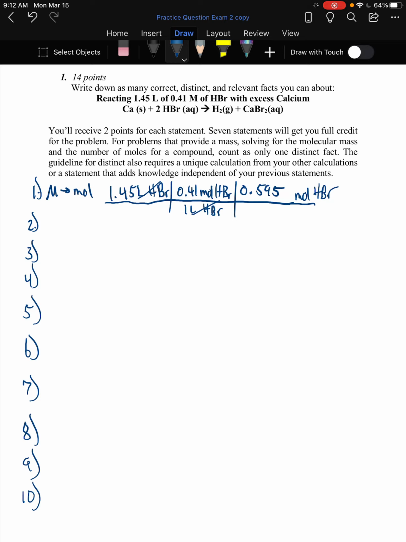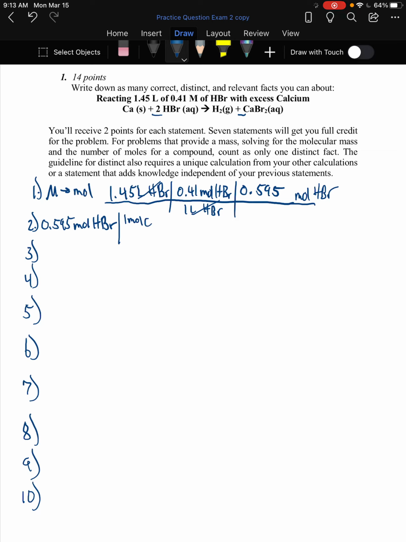And then from there, the next thing that I can do is probably do some stoichiometry to figure out, okay, how many moles of calcium bromide could I make from this many moles of hydrobromic acid? So what I would do is take 0.595 moles of HBr, and I would look to see that I make 1 mole of calcium bromide for every 2 moles of HBr. So again, I'm going to use that as a conversion factor.